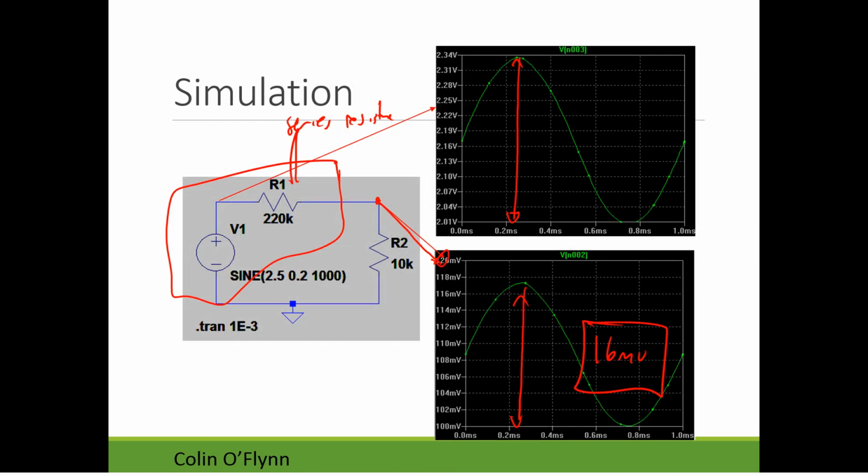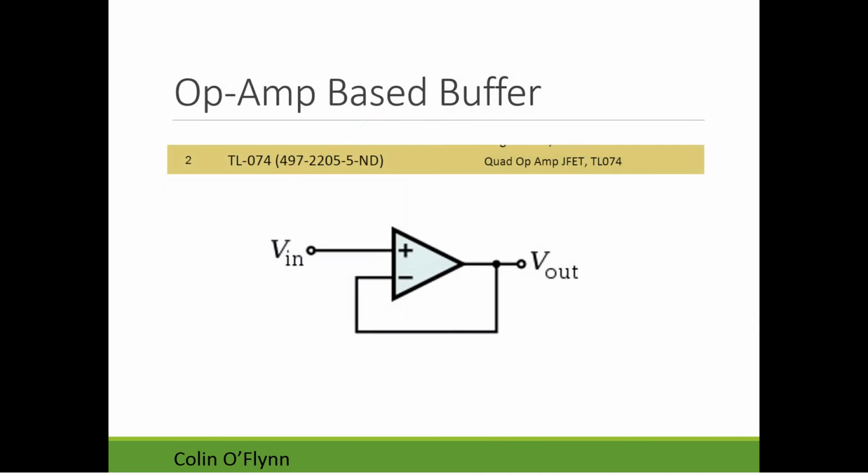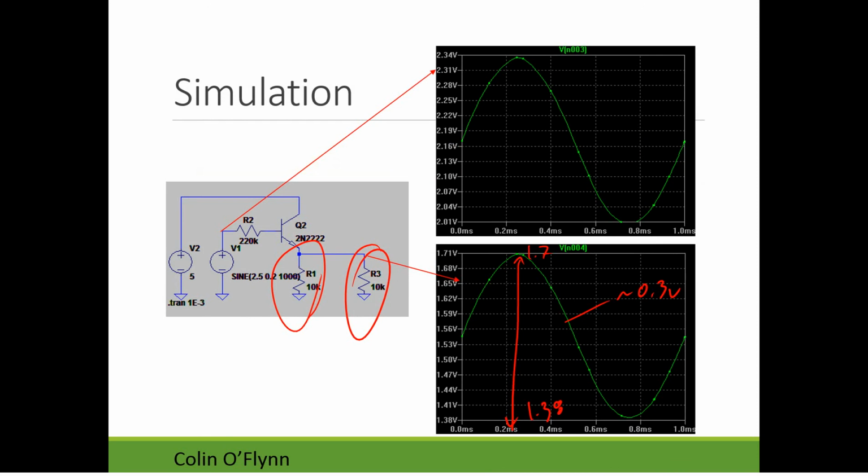And we can see that in this one between the input and output. And again, that's just one transistor as an amplifier, so that's a very simple circuit. Any questions on the transistor stuff before I move on?